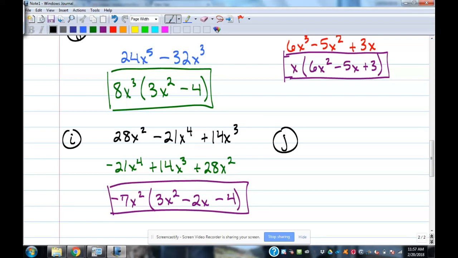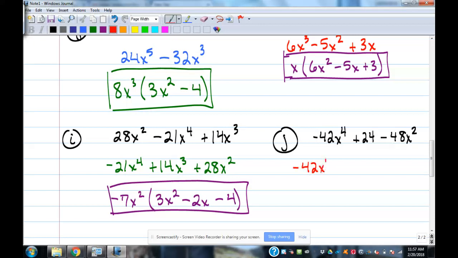Say we had negative 42x to the 4th plus 24 minus 48x squared. Rearrange. So what comes first?